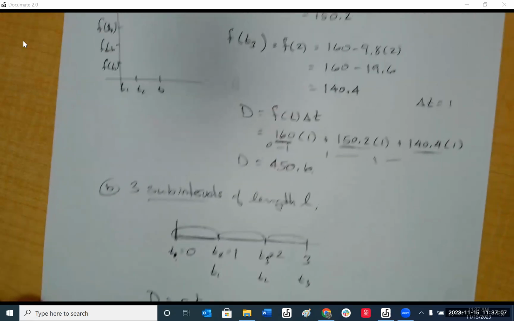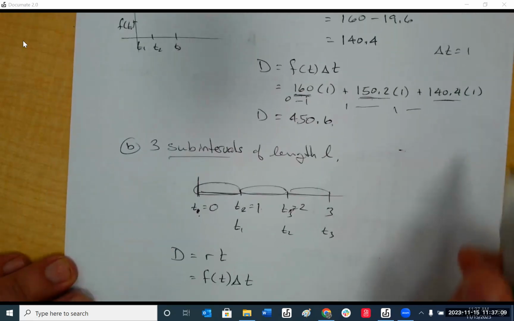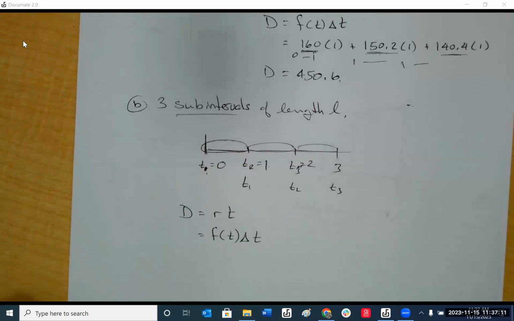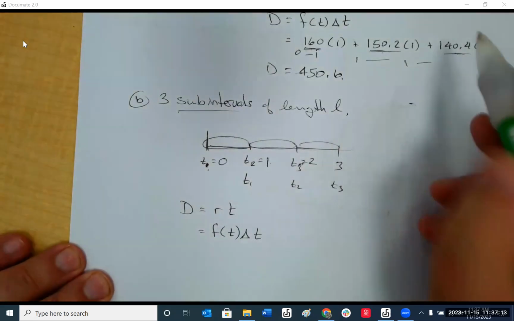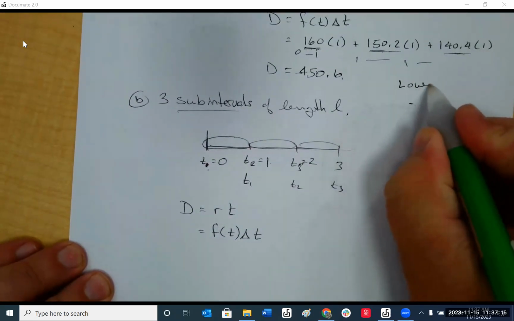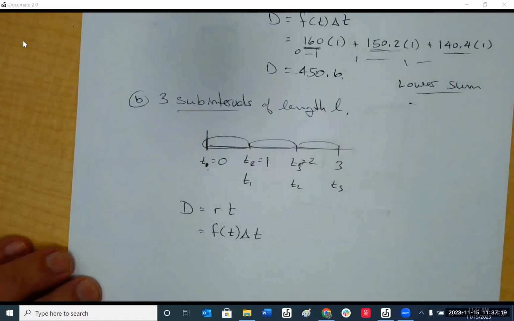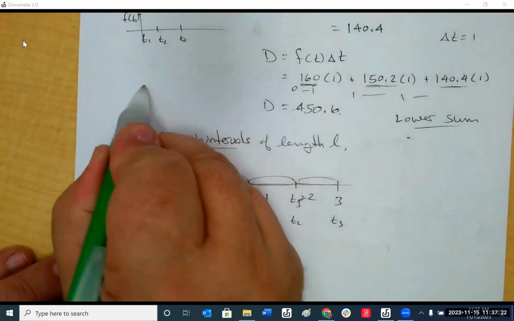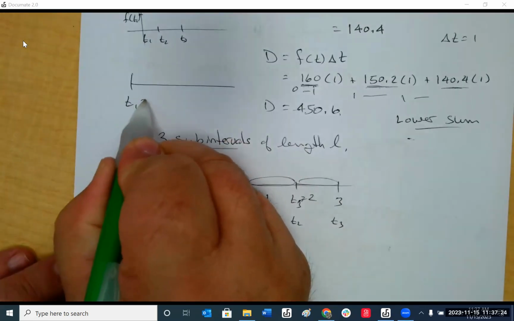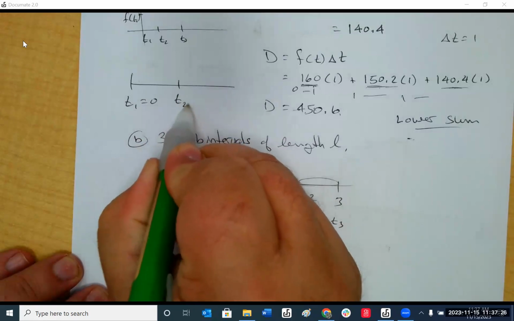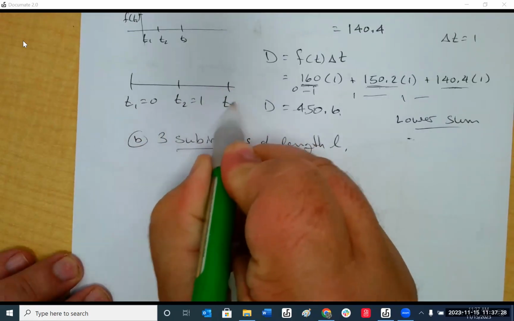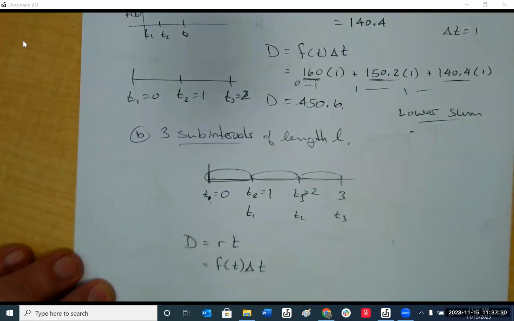Remember we had the left and right, the upper and lower sums? This one was the lower sum, because here T1 was 0, T2 is 1, T3 is 2.